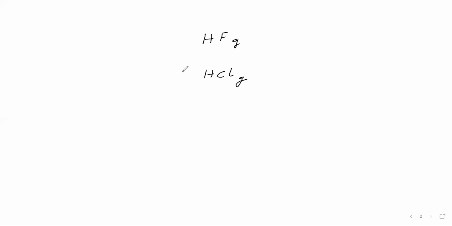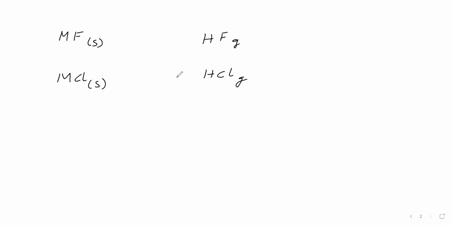So transporting HF and HCl is difficult, but transporting them in the form of salt is easy because they are solid. Instead of transporting HF and HCl, transporting their corresponding salts is easy.